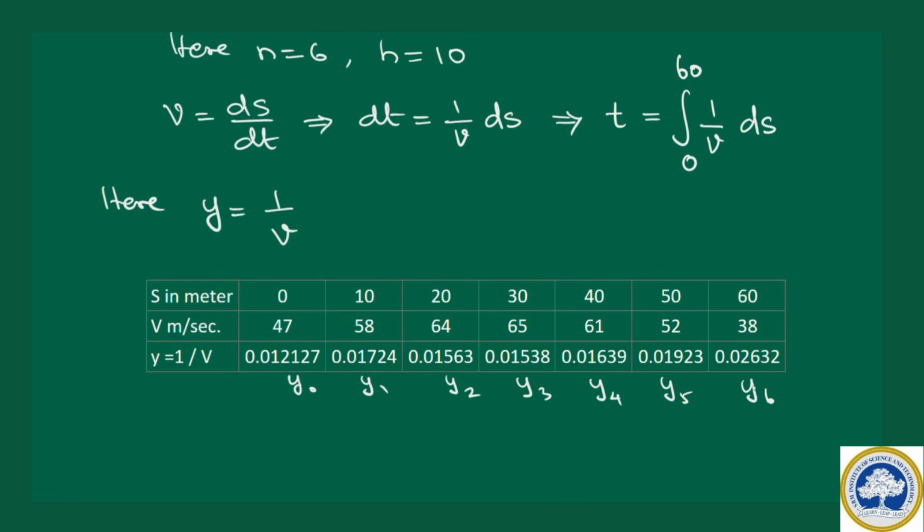Now for these data we have to write the formula. First let us use Simpson's 1/3 rule.